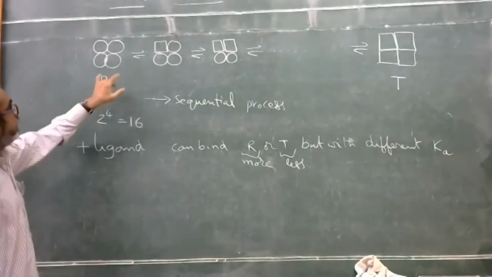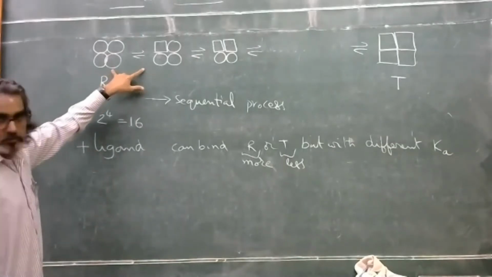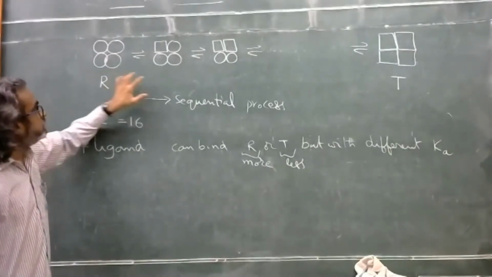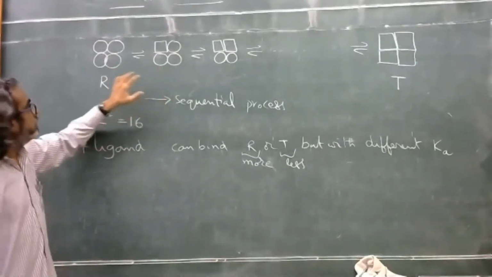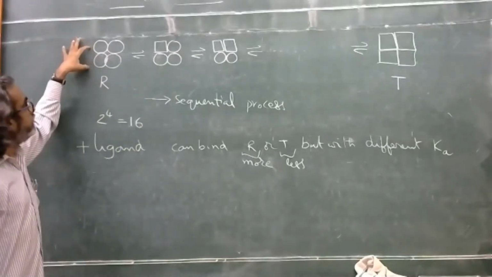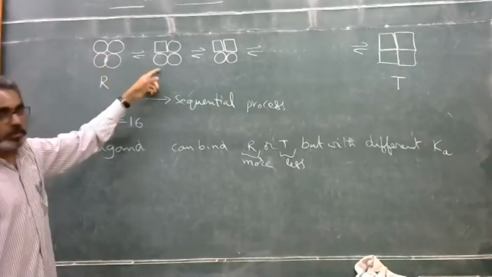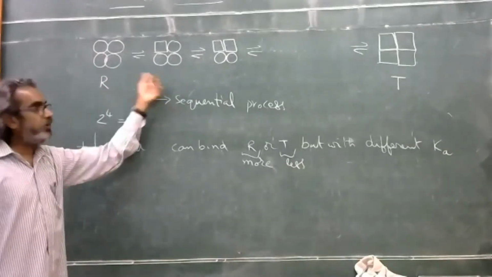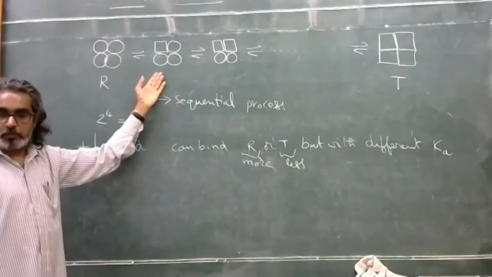So in the first equilibrium, all are in relaxed state, and if you have only equilibrium between this and this, imagine to begin with these are equally probable.